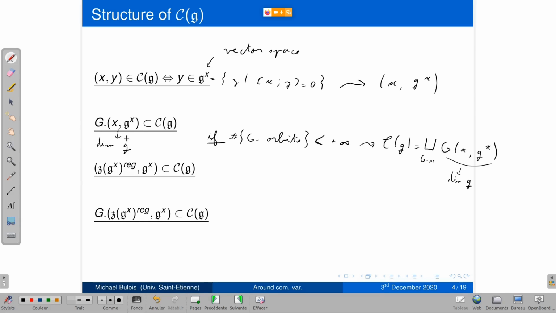This writing is quite rough. We can do better. Here we can consider all the elements which have Gx as centralizer. So here the condition is to say that, for some z, the dimension of the centralizer of z is the same as the dimension of the centralizer of x.